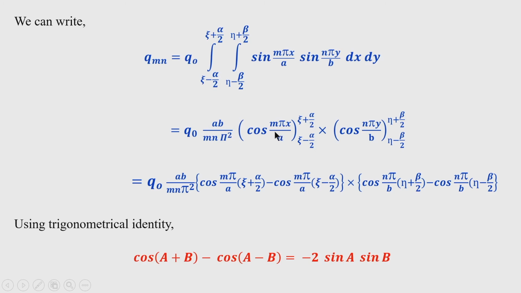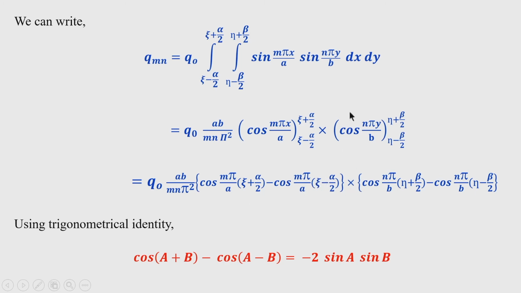After carrying out integration, when the limits are substituted, you get a function like cos m pi by a into (xi plus alpha by 2) minus cos m pi by a into (xi minus alpha by 2).